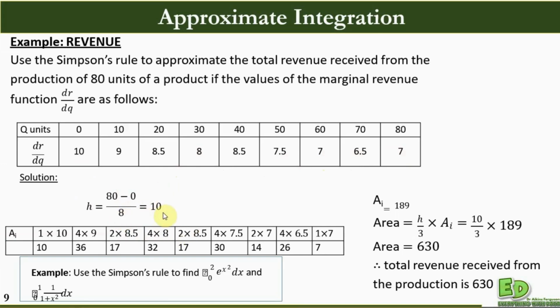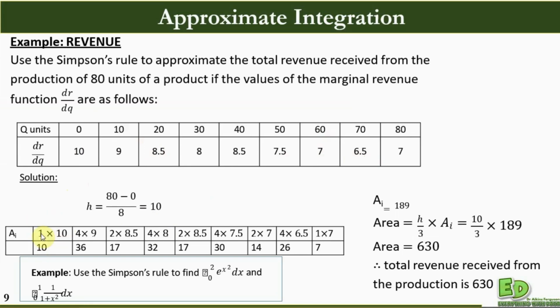Now the next thing is to multiply the coefficient of the Simpson's rule by the marginal revenues you have here. Remember, you're looking for total revenue. To get your total revenue, it is the marginal revenue times quantity, right? So these are the marginal revenue values here.